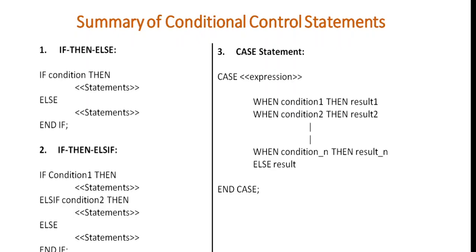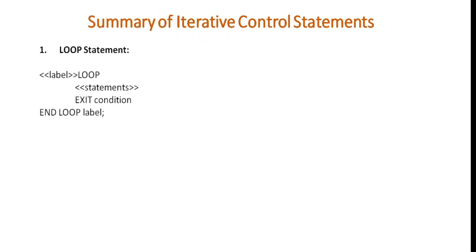Okay, that was the syntax of conditional control statements. Now let's have a summary of iterative control statements. The first iterative control statement is LOOP. We have already studied all these iterative control statements in this session. The LOOP statement is used to execute the statements written inside the body a number of times until the exit condition.